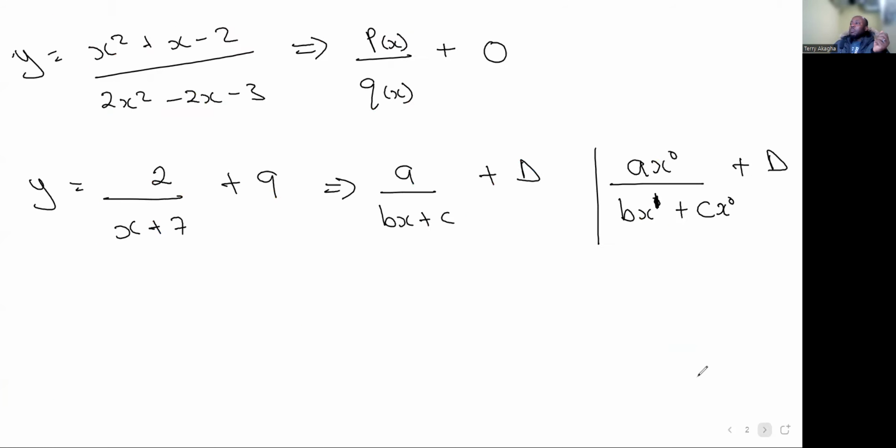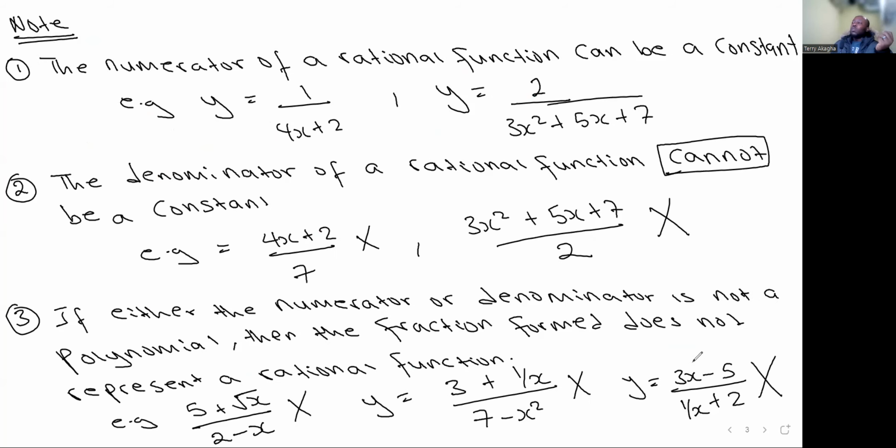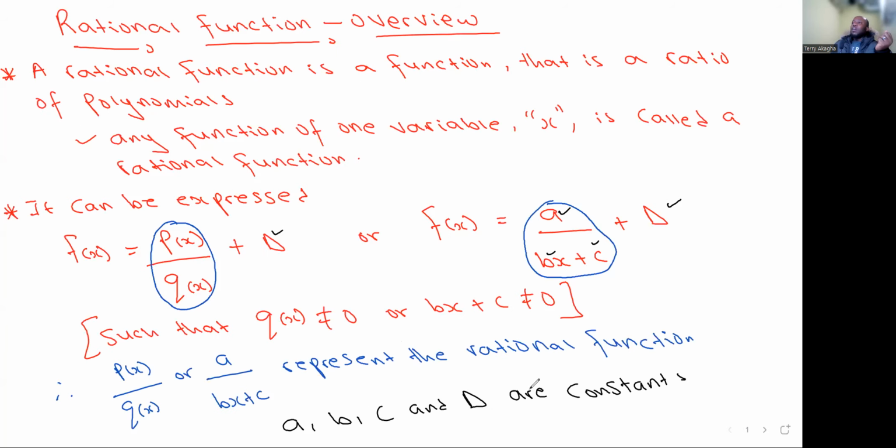You can have a constant divided by another polynomial, because you can see this constant as a polynomial with x raised to the power 0.